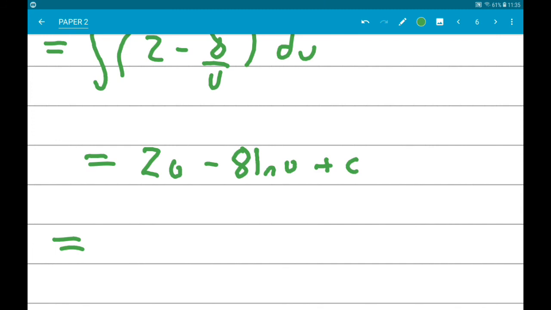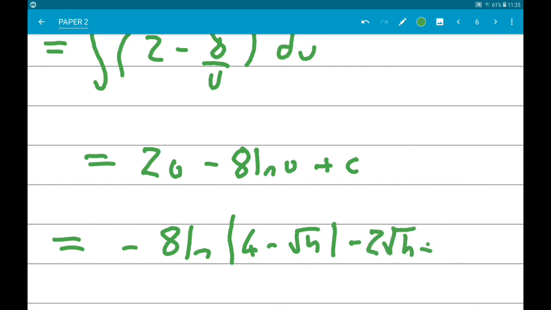So we have minus 8 log mod 4 minus root h, now 2u can be minus 2 root h add 8, add c.